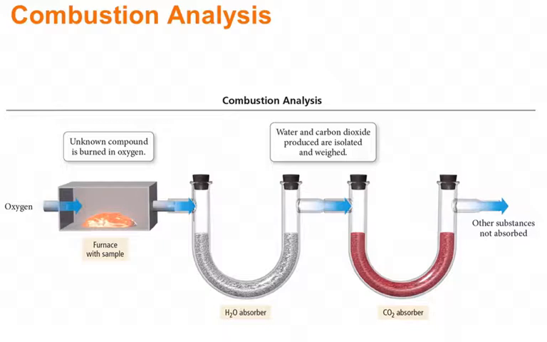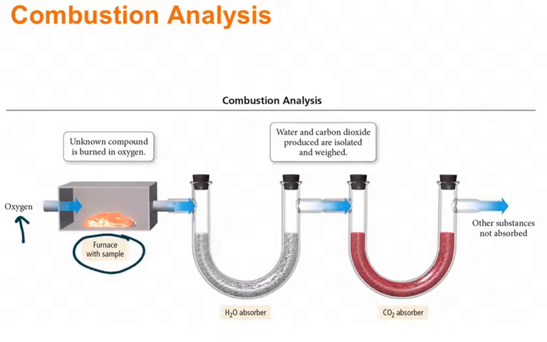This is a device that allows us to do a combustion analysis. Now, if you remember, combustion is when you burn a substance in the presence of oxygen. Oxygen is a reactant. You can see us adding oxygen here, and there's a sample in this furnace being burned.